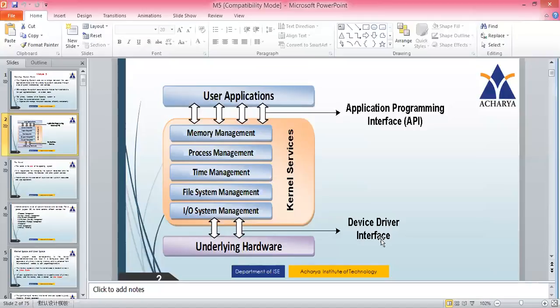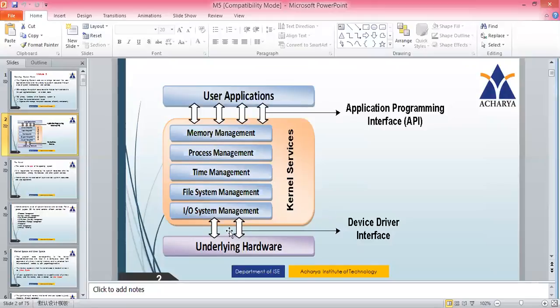Device drivers are the ones which make the hardware work compatibly with our user application. There are many add-ons. There will be a standard operating system, but when we start enhancing the hardware and try to connect new hardware, for example, a system is designed to work only with a printer. Now you want to connect a scanner. The scanner may not be detected by this operating system.